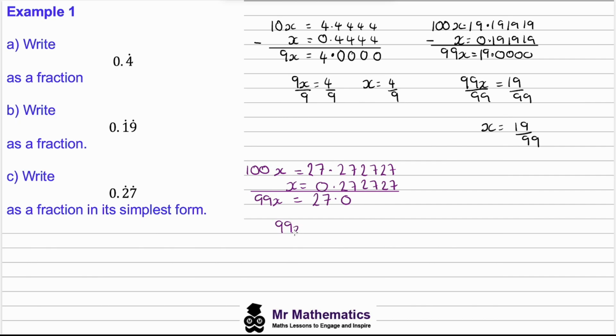So 99x will equal 27. So x will equal 27 over 99. And we can simplify this. If we divide both by 9, we'll have 3 over 11. How did you get on with that? Let's try some more questions.